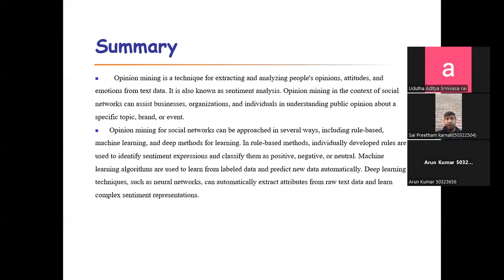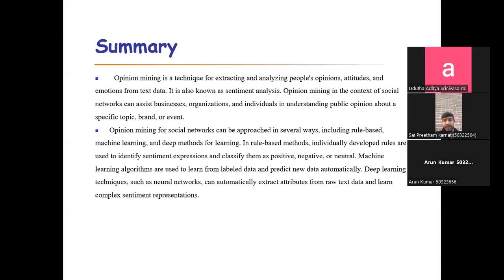And the summary is, opinion mining is a technique for extracting and analyzing people's opinions, attitudes, and emotions from text data. It is also known as sentiment analysis. Opinion mining in the context of social networks can assist business organizations and individuals in understanding public opinion about a specific topic, brand, or event. Opinion mining for social networks can be approached in several ways, including rule-based, machine learning, and deep learning methods.